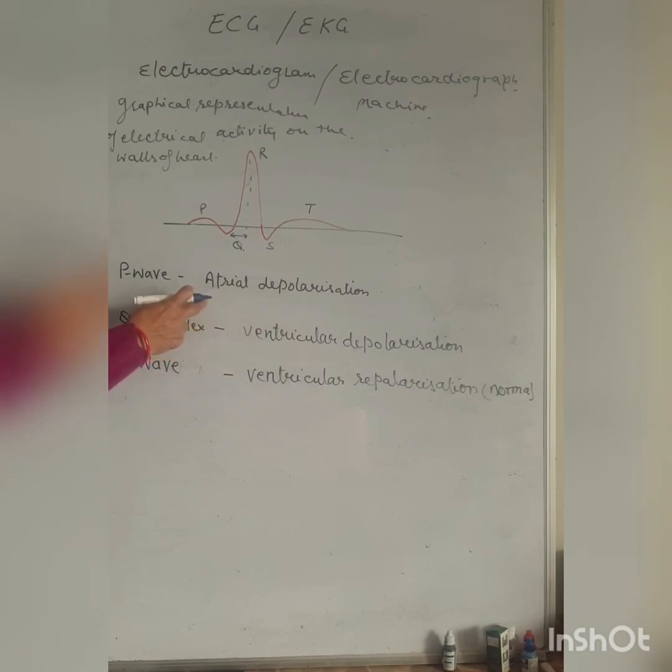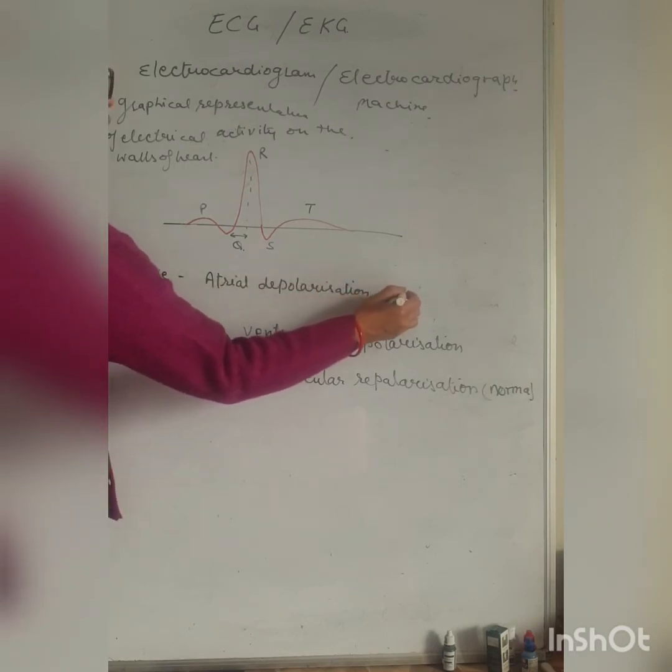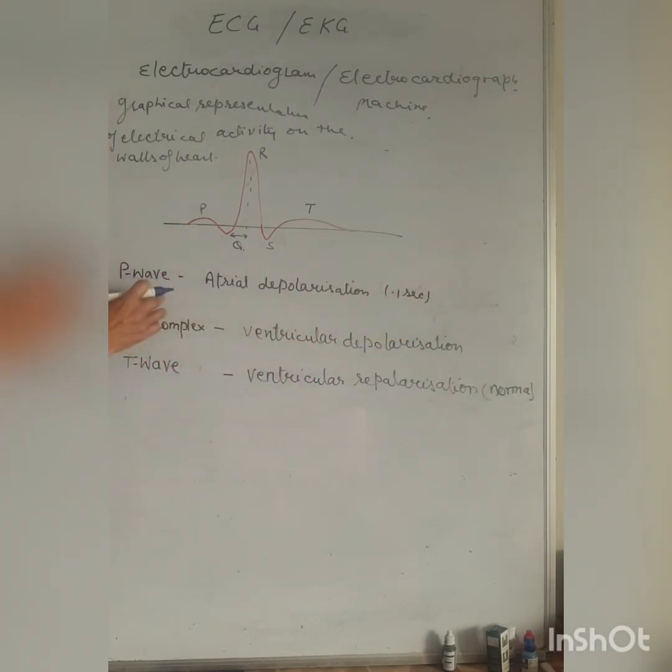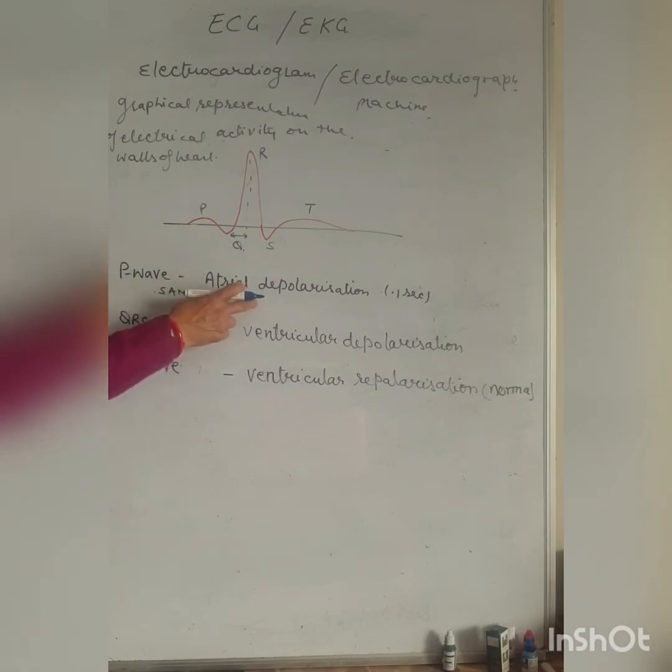Atrial depolarization means atrial contraction. It lasts for 0.1 second. During atrial depolarization, which spreads from SAN, the contraction wave starts from SAN through contractile fibers into both the atria. So the P wave is for atrial depolarization, or we can say contraction.